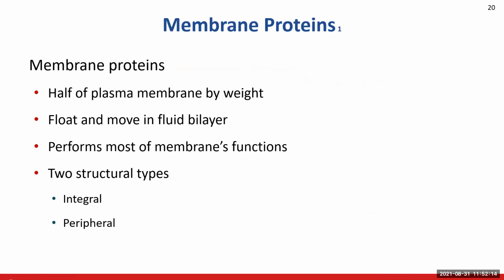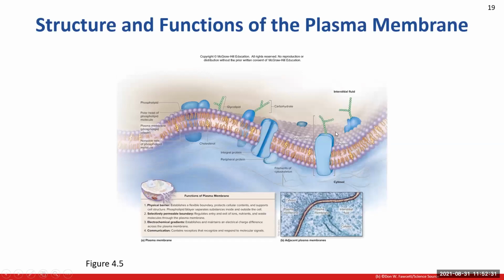All right, so remember, the other half of the weight of the plasma membrane is made up of our membrane proteins. They float in the plasma membrane, what we call the fluid bilayer. We call it the bilayer because you've got one layer of phospholipids, all these little purple balls with the little tails hanging off, and on the other side another layer of phospholipids.